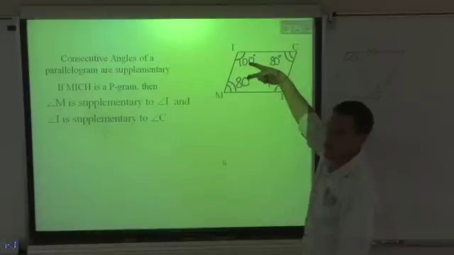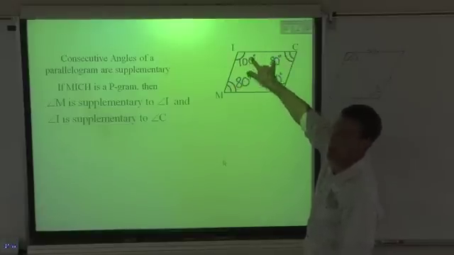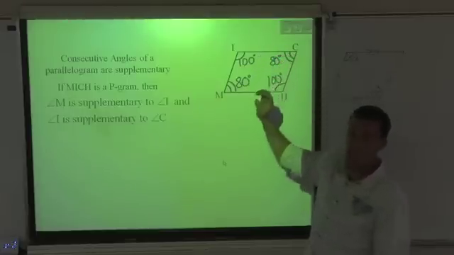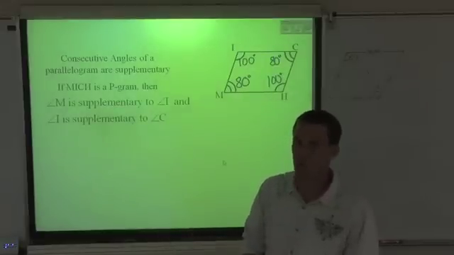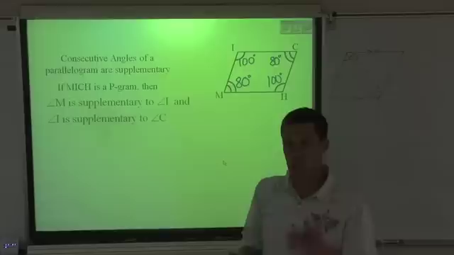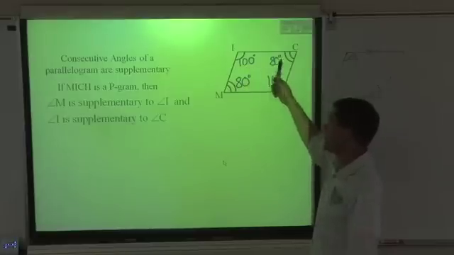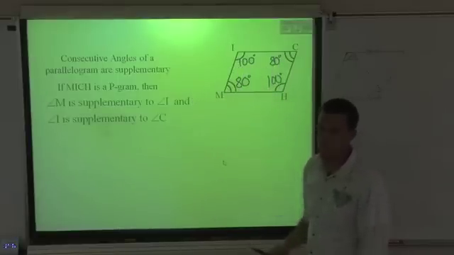Same side interior angles are supplementary because of parallel lines. 180 plus another 180 over here equals 360. That's the total for a quadrilateral. This is the only shape where, because the opposite angles are congruent, it turns out consecutive angles are supplementary.